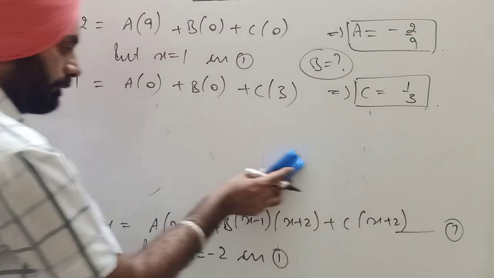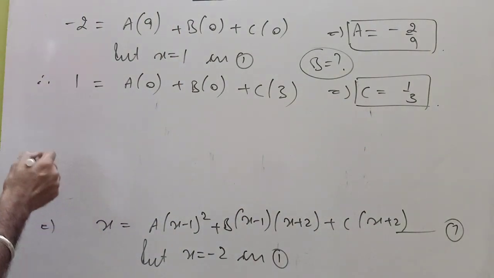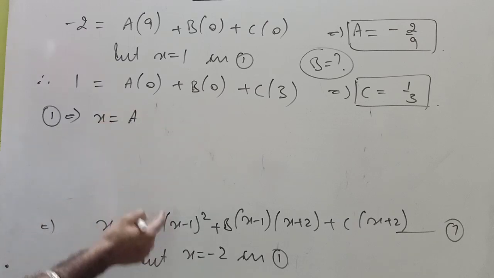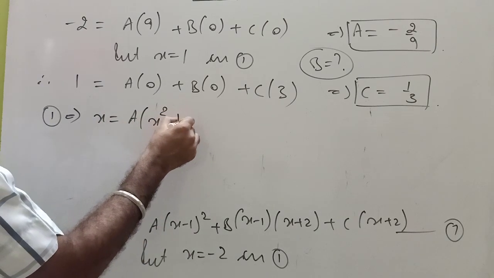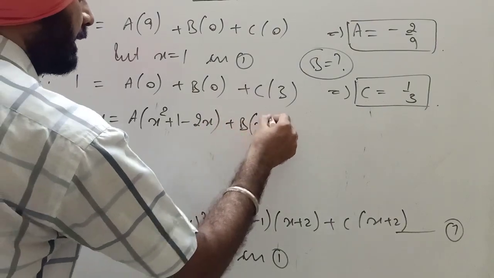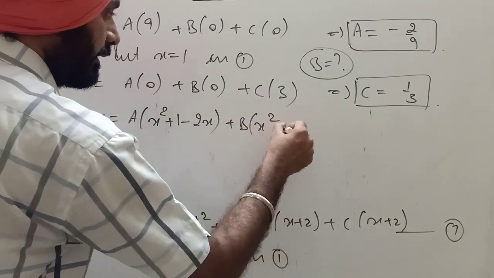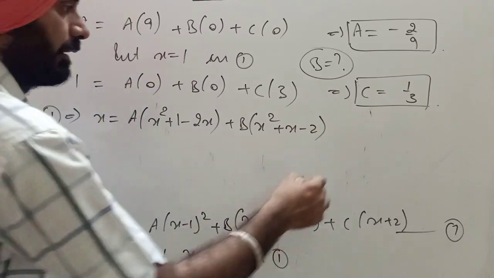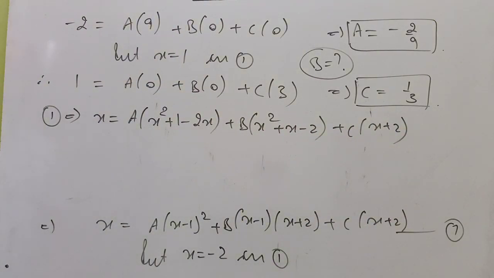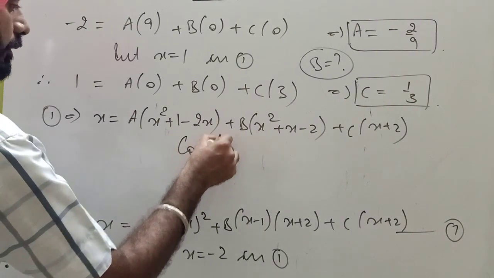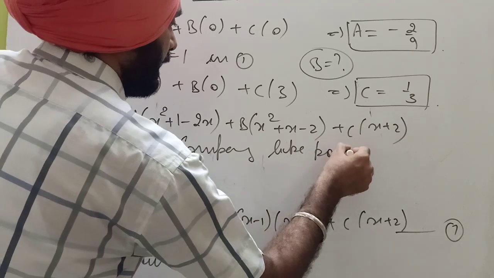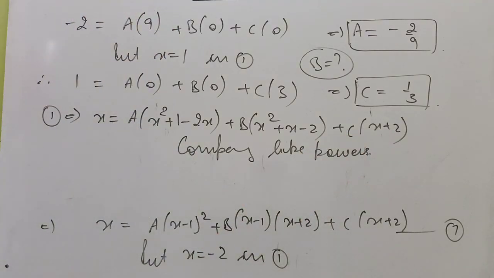For that, write down equation number 1 again. x is equal to A into, open the brackets, (x square plus 1 minus 2x) plus B into, again open the bracket, (x square minus x plus 2x minus 2, that is x square plus x minus 2), plus C into (x plus 2). Now for finding B, comparing like powers, just like linear over quadratic.